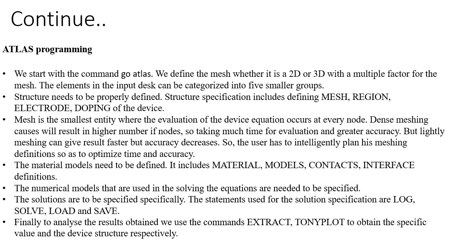Mesh basically is the smallest entity where the evaluation of the device equations occurs at every node. Now we have to understand that dense meshing results in a higher number of nodes and greater accuracy, but light meshing is faster but less accurate. So you have to plan intelligently for the meshing to optimize run time and accuracy.